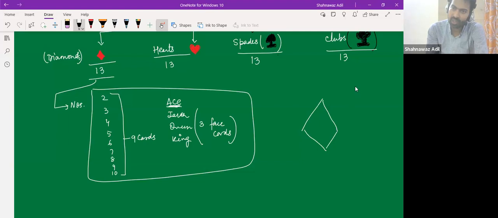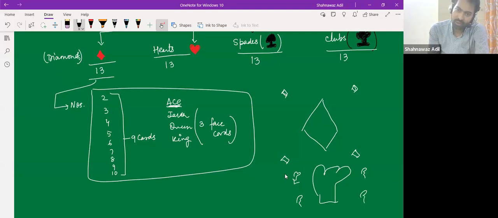This would be in the middle, and then this one, and then this one, and something like this is the ace of diamond. And ace of, let's say, club would be like this. My drawing is very bad, but you don't have any face in the ace, right?